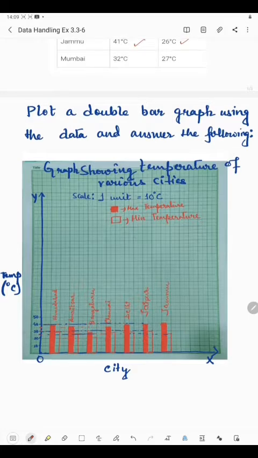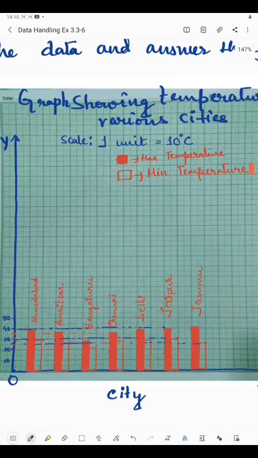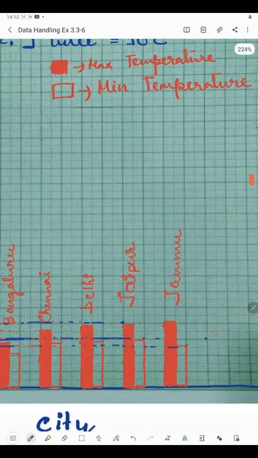Now the last one. Last we have Mumbai, and the maximum temperature and minimum temperature of Mumbai is 32 and 27. Now where is 32? Now here is 30. Okay, and 32 means 2 boxes more than 30. So up to this. So this shows maximum temperature in Mumbai.